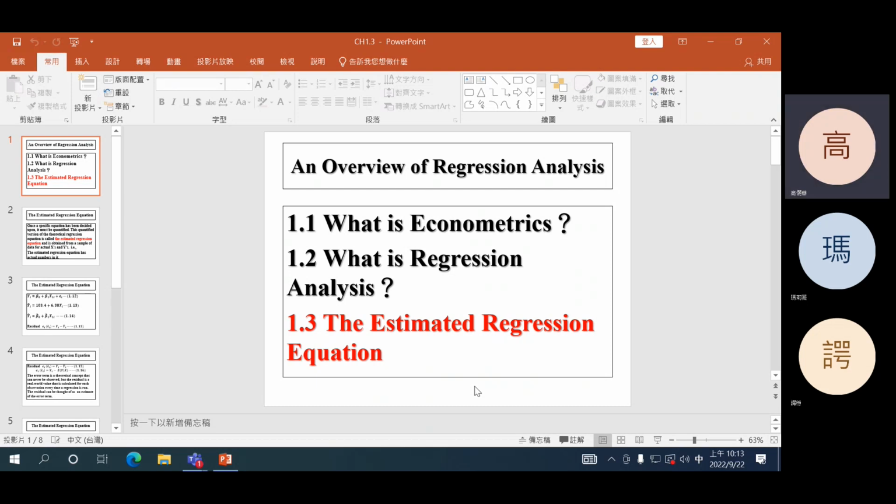Then, without knowing the population regression, we use the data after collecting it, and we estimate this regression equation based on the sample to represent the true population. This is usually what all of statistics is talking about. Since we are not able to get the population, we just get samples. No matter how big the sample is, nowadays we're talking about big data, right?